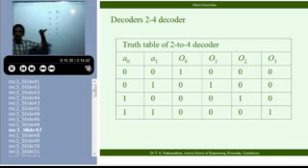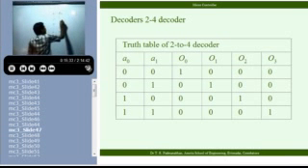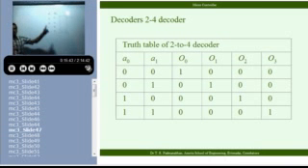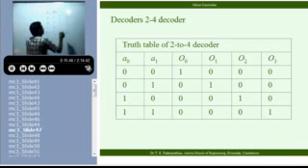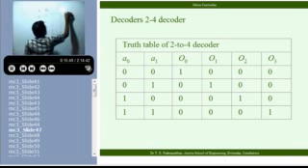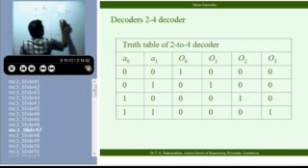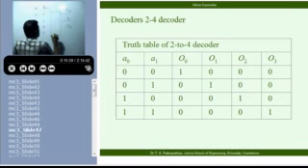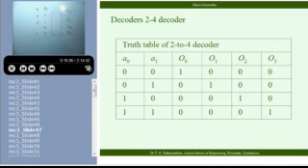Now, when I say decoder, this number combination will be given to a circuit which will give 4 outputs. One output will go high when it takes 0, 0 value. Let me call this D0. I will have another output D1, it will go high when it takes this value. Another output D2, it will go high when it takes this value. The fourth output D3, when it goes to this value.